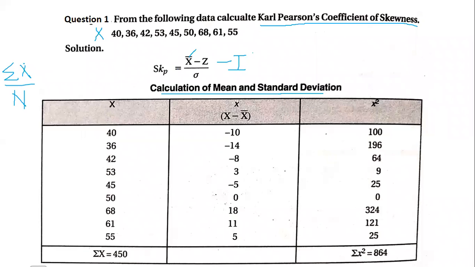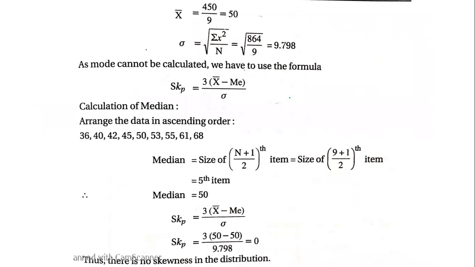So I add up all of these numbers and I get sigma X. The total of sigma X was 450, and I divide that by 9, where n is equal to 9. When I divide them, I get the arithmetic mean value of 50.